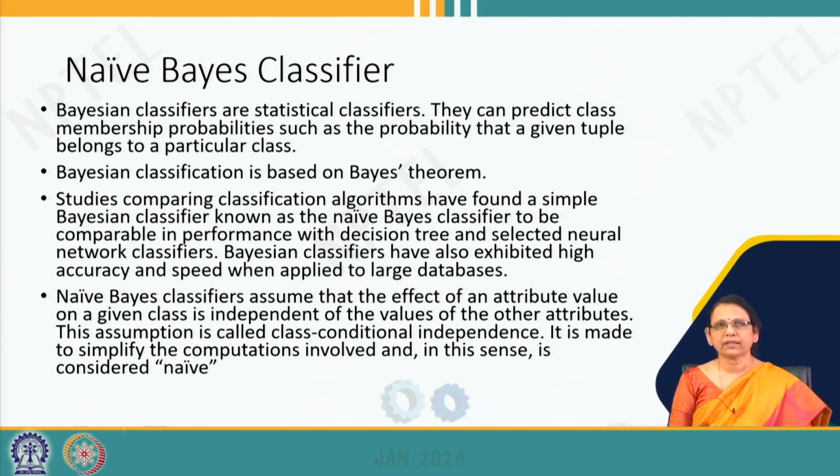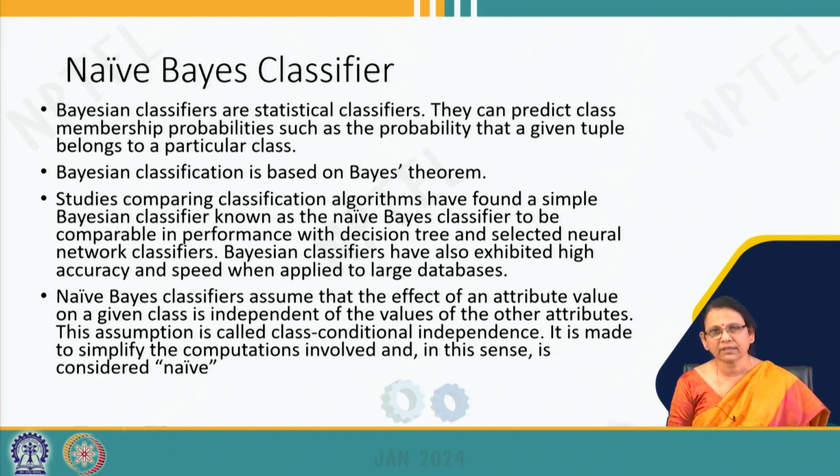All these Bayesian classifiers are based on Bayes theorem. When we talk about the application of such algorithms in a recommender system, it is understood that Bayesian classifiers give reasonably high accuracy and speed when applied to large databases, which is the case in recommendation systems. The naive Bayes classifier is one of the simplest among them, and it uses a property called class conditional independence.